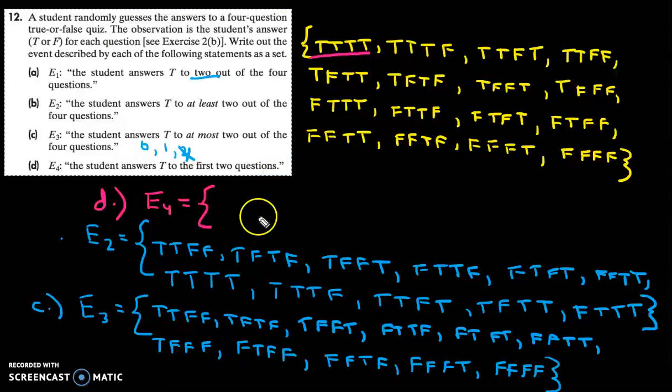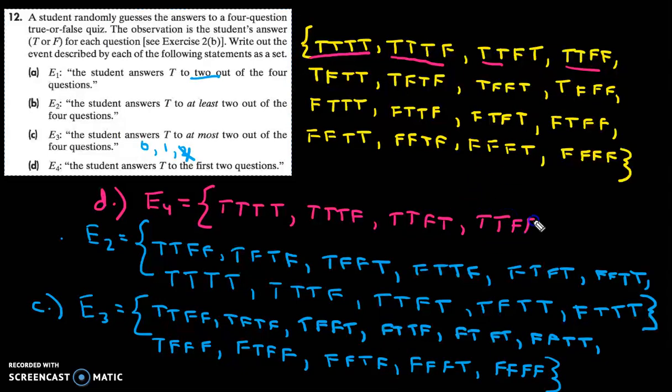It looks like that one, because it's got true on all of them. This one has it on the first 2. This one has it on the first 2. This one has it on the first 2. This one doesn't, this one doesn't, this one doesn't. All of these ones start with F, so they definitely don't have true on the first 2. So it looks like there's our list.